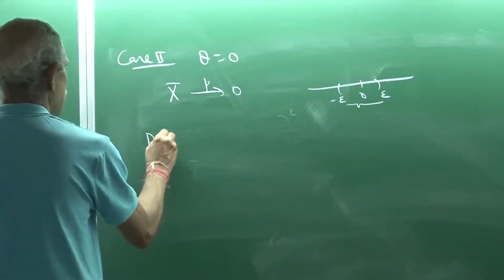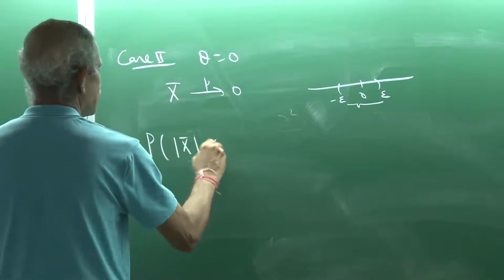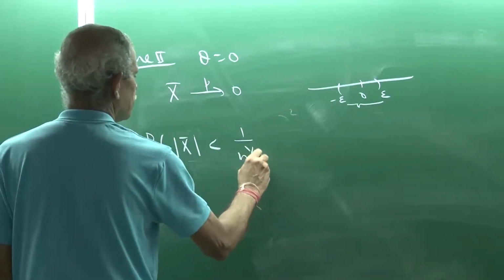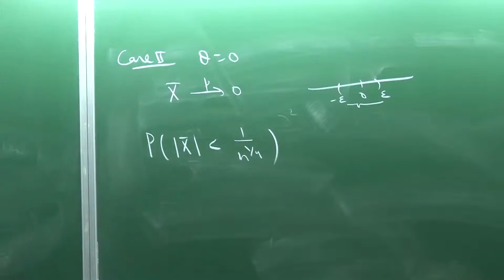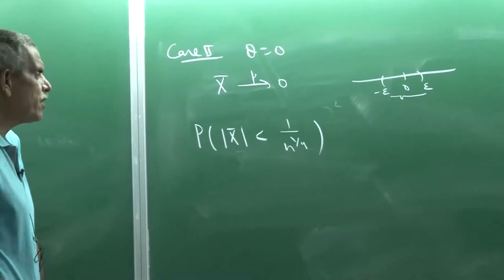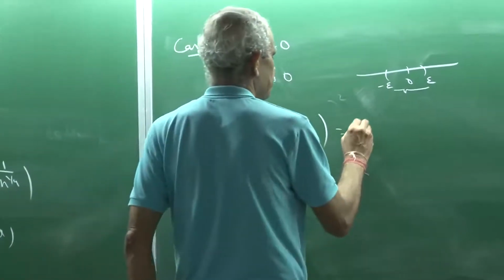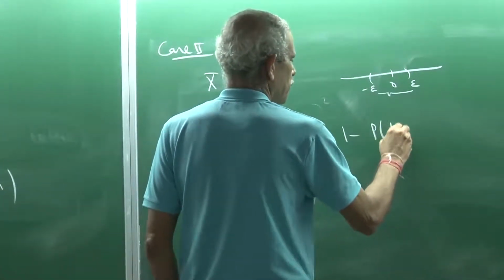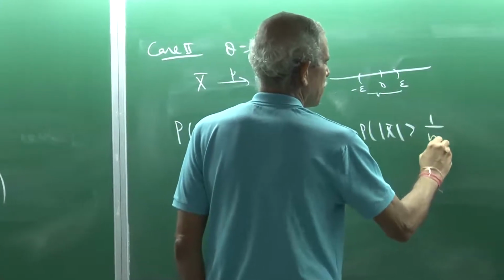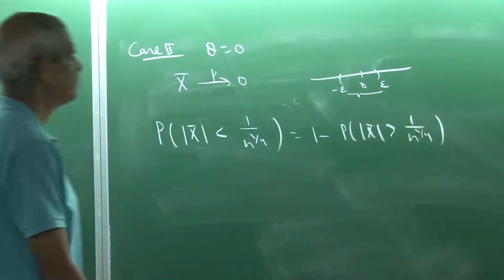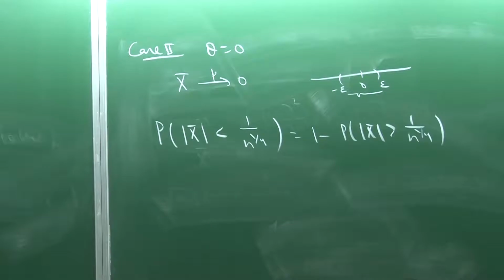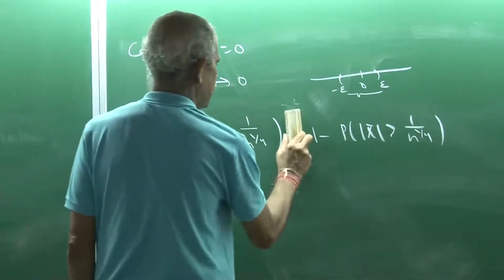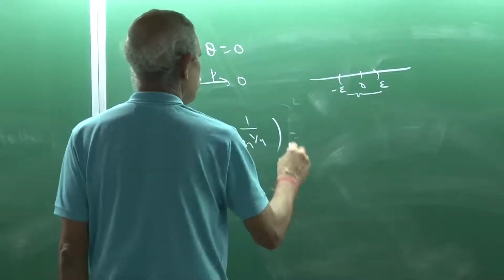So what would be the probability that mod of x bar is less than 1 upon n to the power 1 by 4? In fact, you can consider just x bar less than 1 upon n to the power 1 by 4.